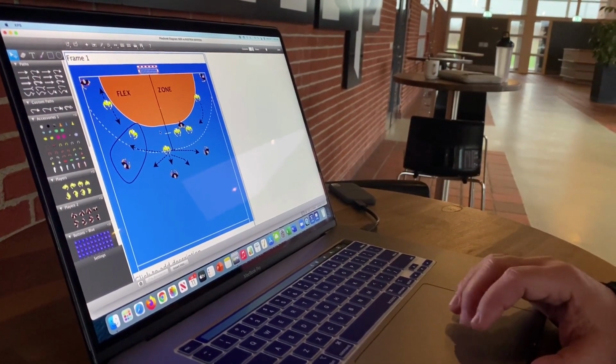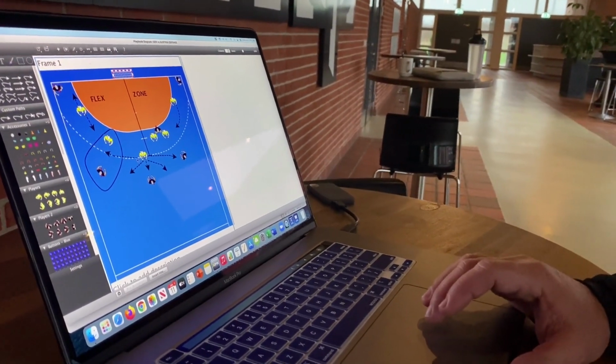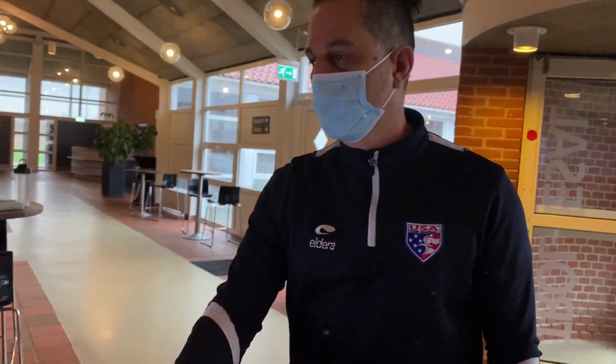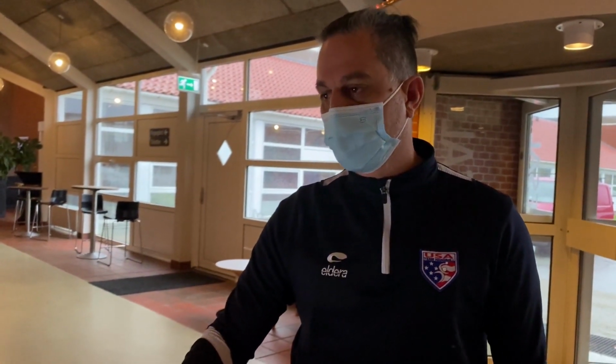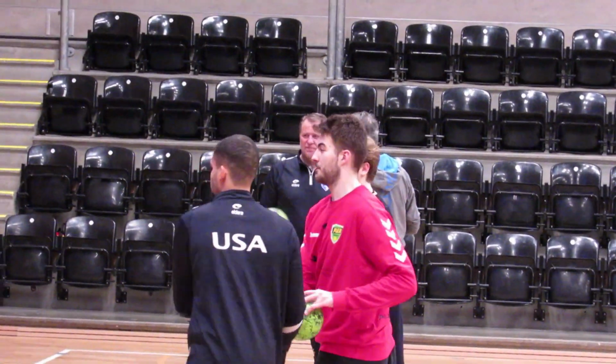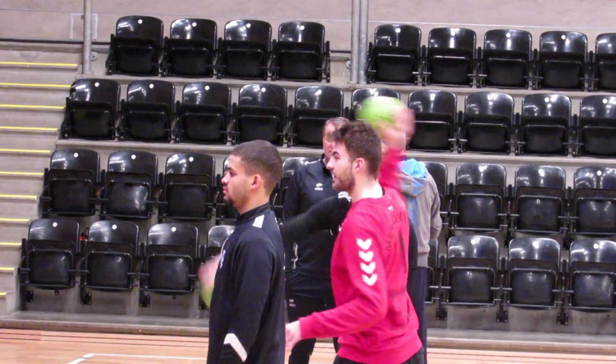So as I am watching the game, rather than taking notes, I can go straight into the playbook diagram and start creating stuff. And obviously the best thing, it's fantastic.